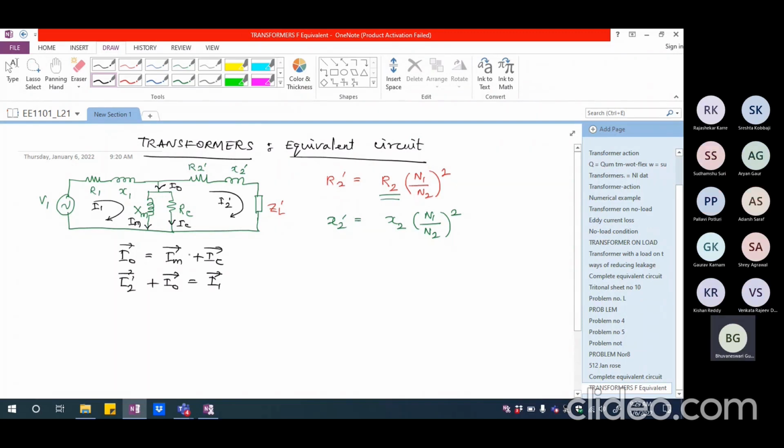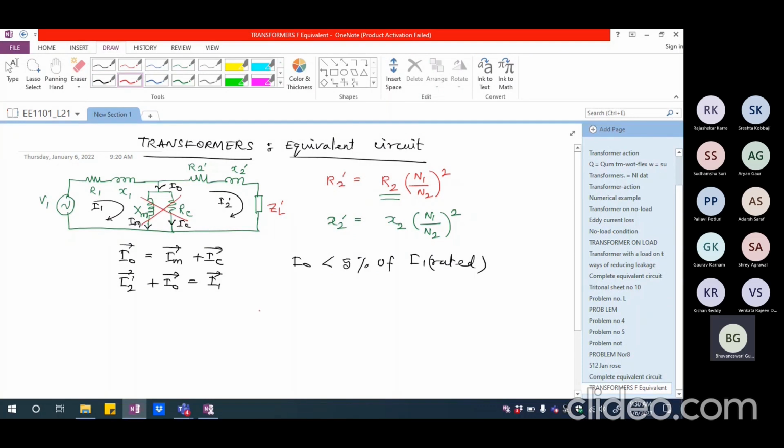So now, if I say that I0 is normally less than 5% of the rated value of I1, in that case, we can say for all practical purposes, this is the current that is carried here. So I can neglect this for all practical purposes if I am not unduly worried about efficiency.